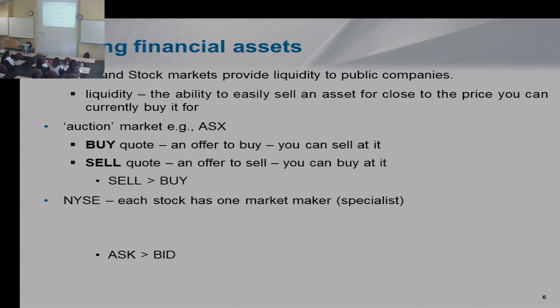Well, if the market's liquid, apart from small transaction costs, you should be able to sell it for more or less the same as you paid for it, because there'll be somebody else who wants to buy it from you. So we have the ASX, the Australian Stock Exchange, is an auction market.